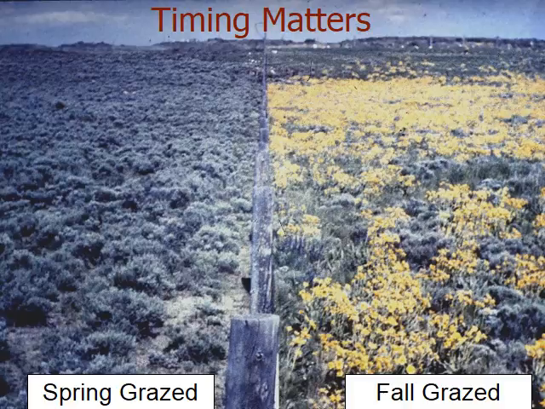Okay, first of all, timing. Timing matters. This is a study where both sides of the fence were properly grazed. The stocking rate was right. There were no distribution problems. But on the left side, that pasture was grazed in the spring, and on the right side, it was grazed in the fall. This is a picture out of the U.S. Sheep Experiment Station in DuBois.